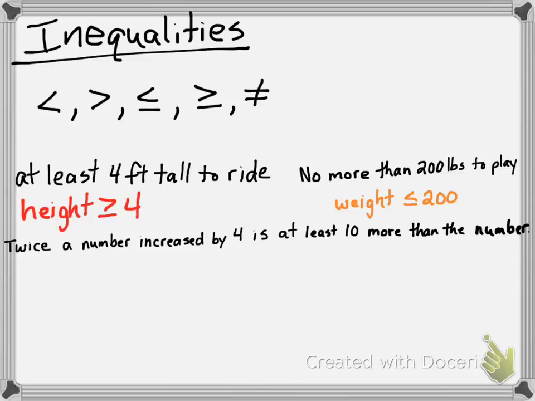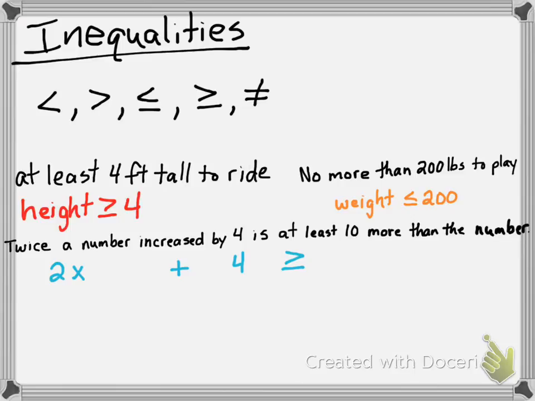Okay, well, twice a number, since I don't know what number it is, that's my variable. So twice my variable would be 2x. Increased by is addition, 4. Okay, then I have is at least. At least means that much or more.